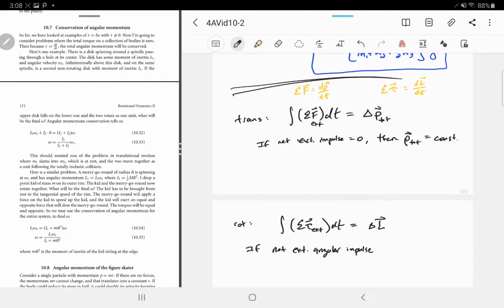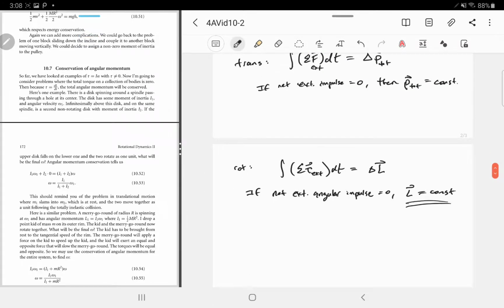That's sort of the natural. If there's no word for it, then you just have to say angular thing. If the net external angular impulse, which is this, is 0, then L is a constant. Then angular momentum is a constant.